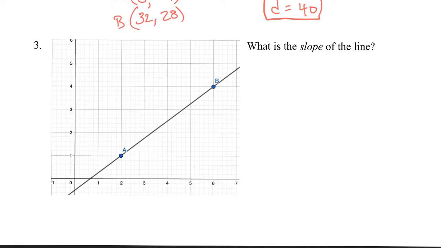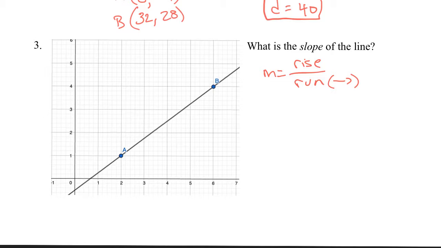So our slope, if you remember, which is m, is equal to the rise over the run. And we always run to the right. Always run to the right. We can rise and fall if we need to. So for this one, we're just going to count. So I'm going to do the rise first.